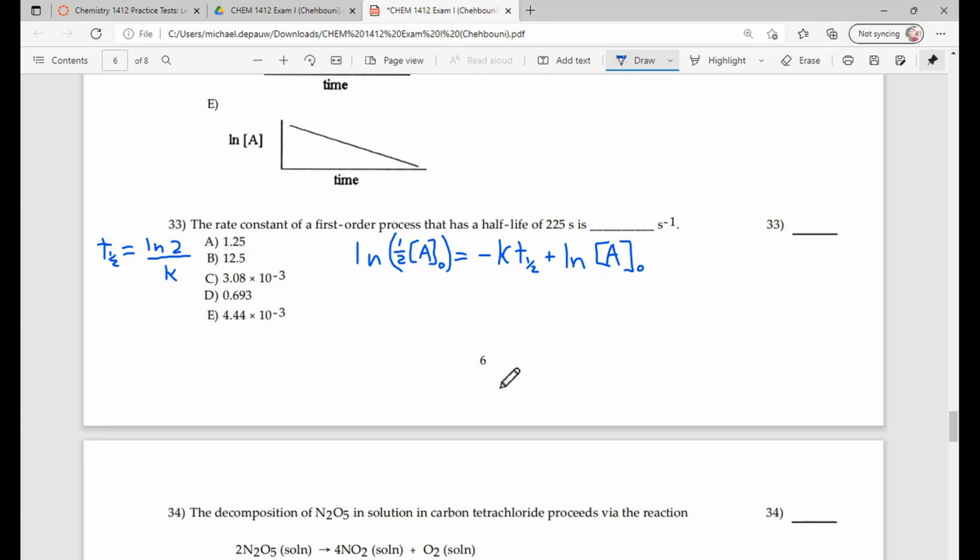Okay. So then if I add KT 1/2 to both sides, and I subtract the ln of A naught, I get KT 1/2, the half-life, is equal to the ln of A initial minus ln of 1/2 A initial.